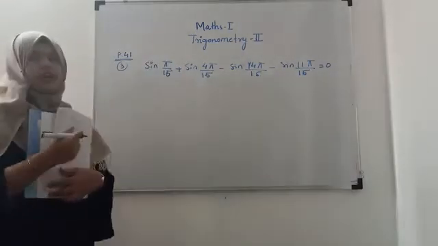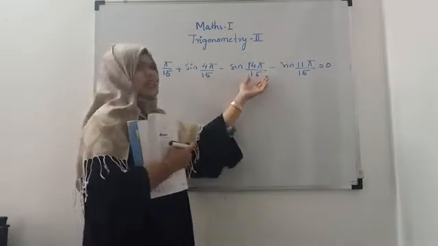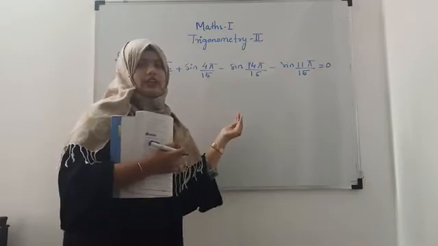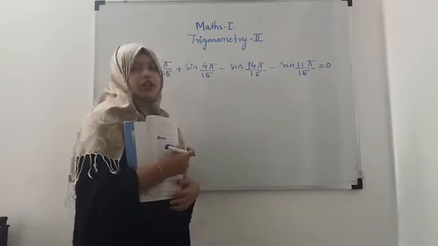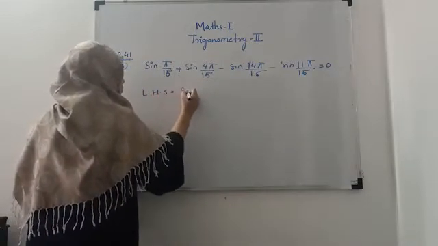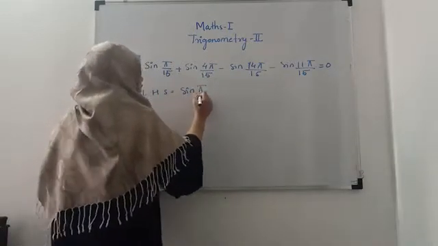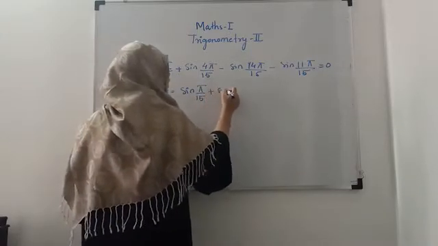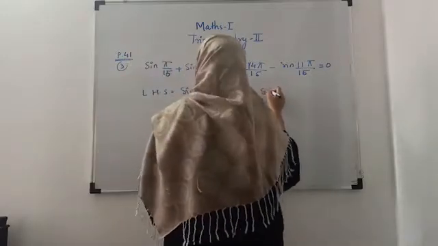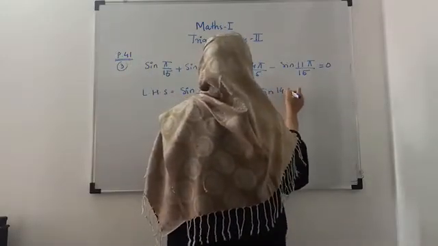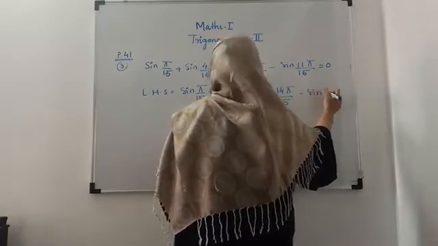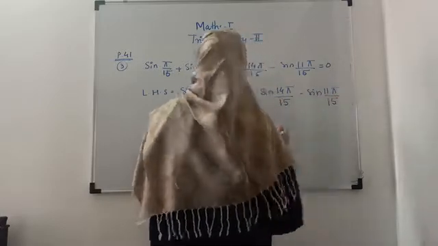Now since we are doing allied angles, we can split an angle into a subtraction of two angles or an addition of two angles, so that we can use the formulas for allied angles. So we will start with LHS: sin pi upon 15 plus sin 4 pi upon 15 minus sin 14 pi upon 15 minus sin 11 pi upon 15.